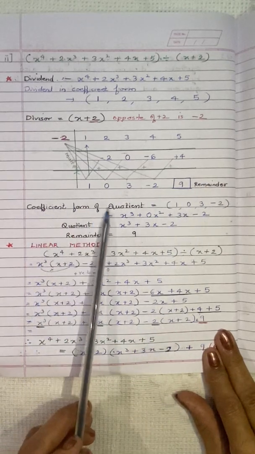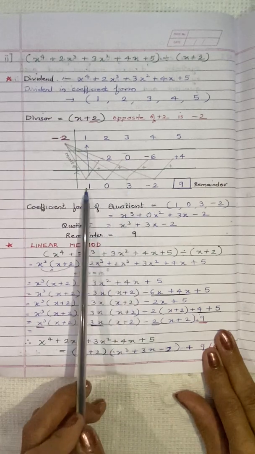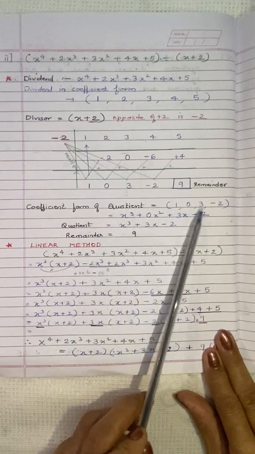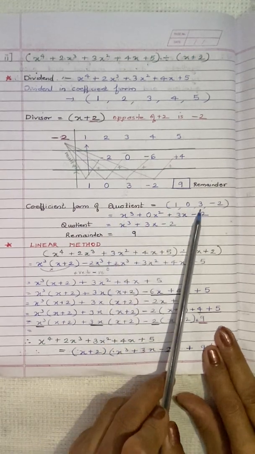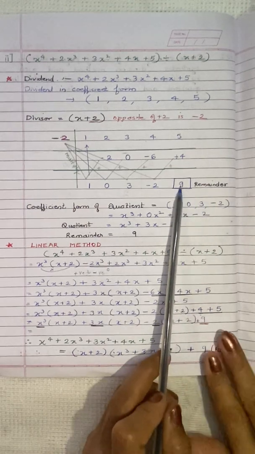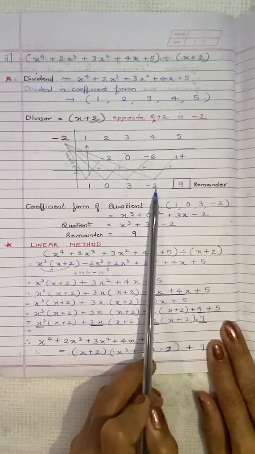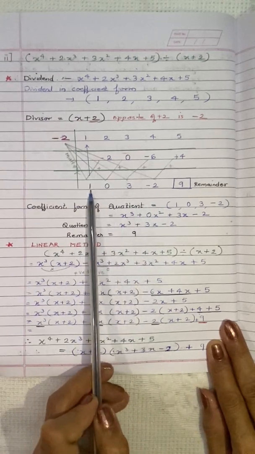Now the coefficient form of the quotient is this. This is the quotient form. So the coefficient form of the quotient will be 1, 0, 3 and negative 2. Now we can write the expression as, now this is the remainder, so this is the constant. This will be x, this will be x square, this will be x cube.